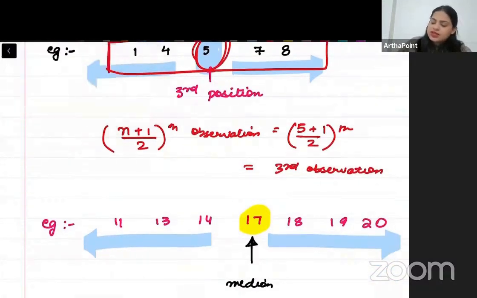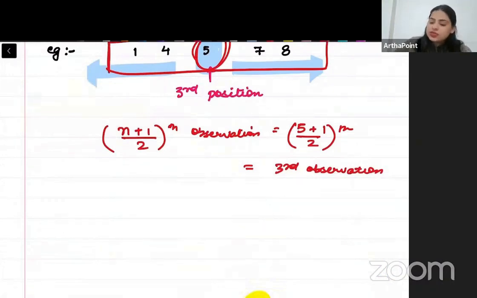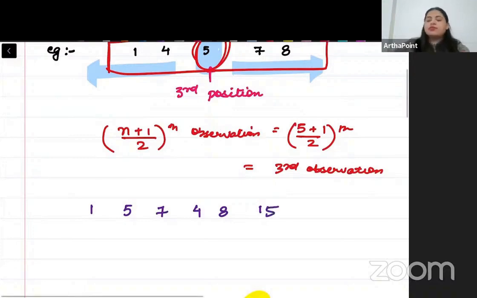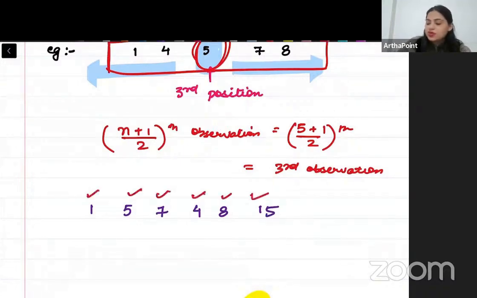Suppose, let's say that your data set was this: 1, 5, 7, 4, 8, and let's say 15. Something like this was your data set. So beta, first of all, I can see that there are 6 observations, so I have to use the formula of even data set.